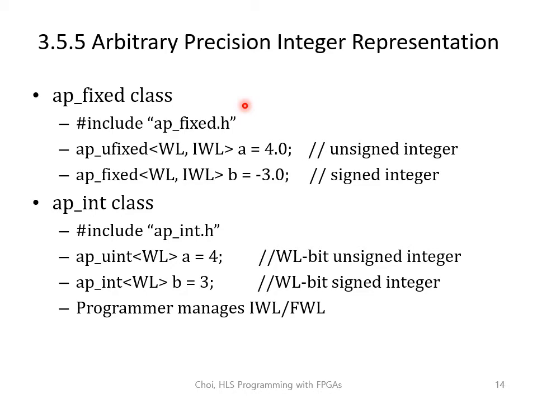The first one is the ap_fixed class, and you need to include the ap_fixed.h header, and the type is defined as ap_ufixed<word length, integer word length>. The fractional word length is obviously going to be WL minus IWL.